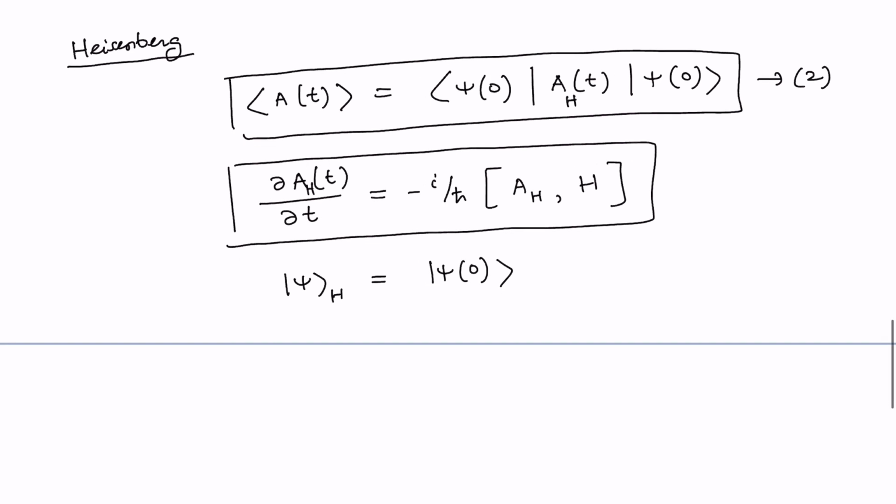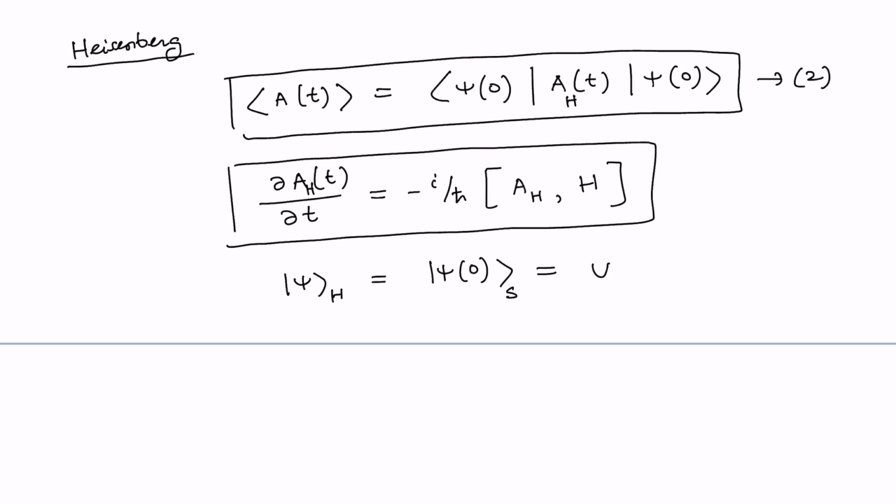And as you know, this is actually the state vector in the Schrodinger picture, which I can write at time t equal to 0. So it will remain as it is in the Heisenberg picture: the Schrodinger picture state vector at time t equal to 0.